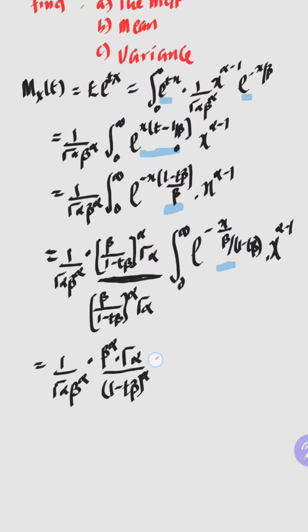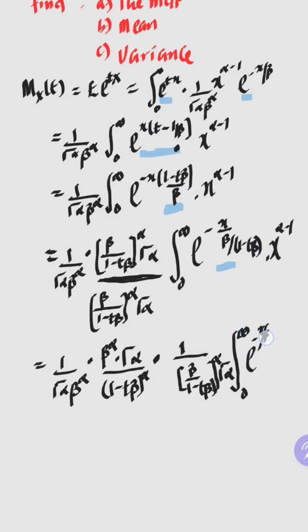That is, I'm rewriting the numerator, multiplying by 1 over beta times 1 minus t beta, all to the power of alpha, gamma alpha, integral from 0 to infinity of exponential negative x divided by beta times 1 minus t beta, x to the power of alpha minus 1.